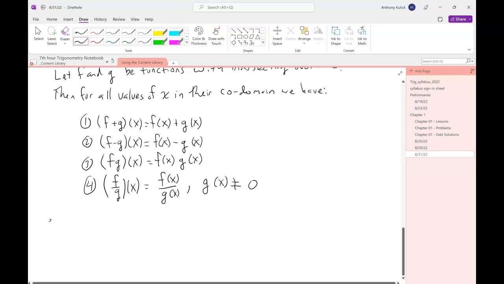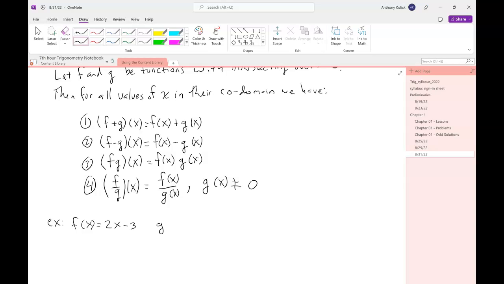So let's look at an example here and show you what this definition allows us to do.